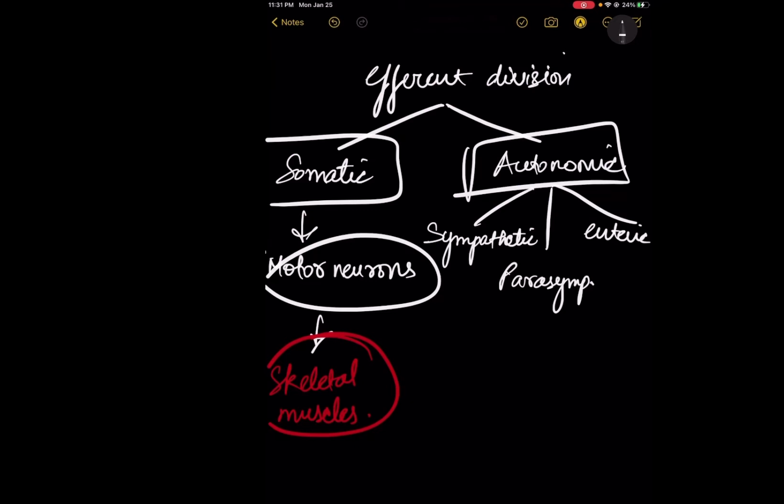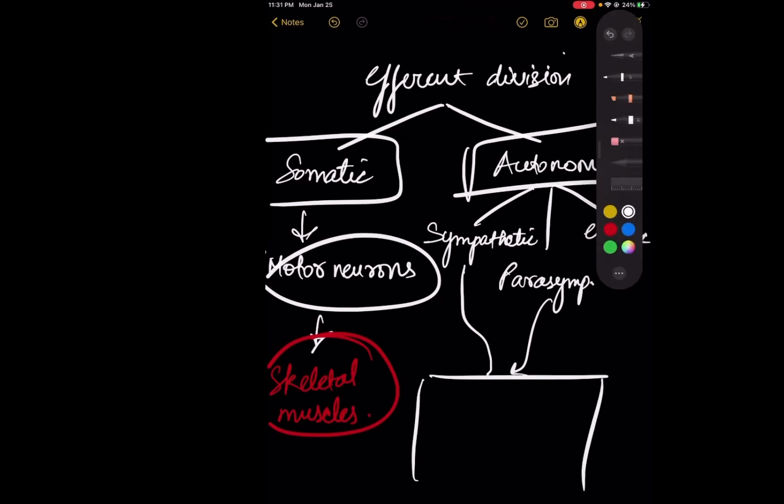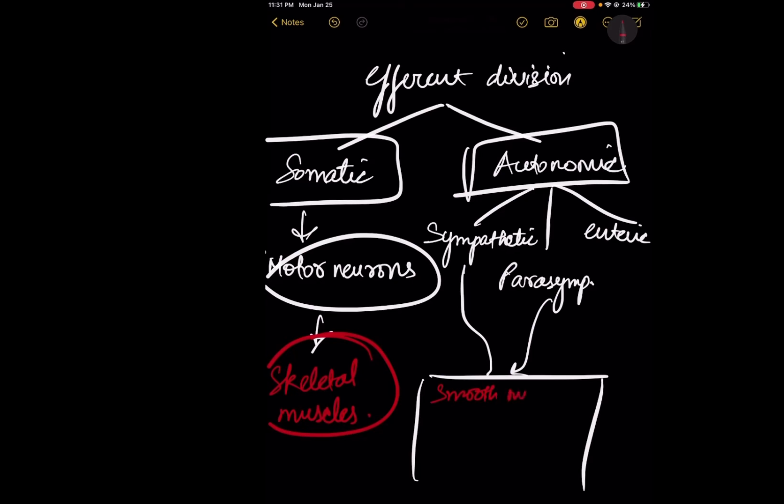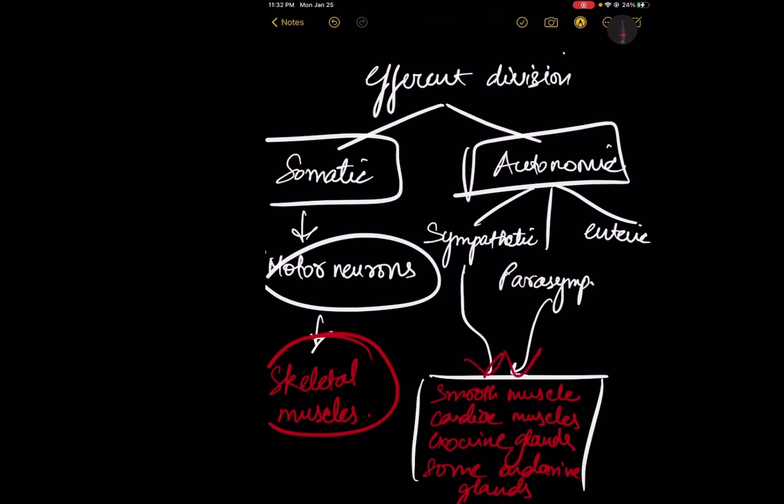In sympathetic and parasympathetic, I'm going to tell you where they are present: smooth muscles, cardiac muscles, exocrine glands, and some endocrine glands too.